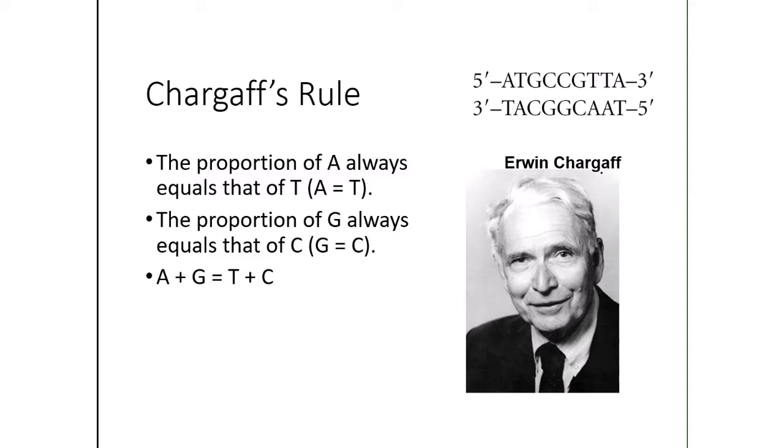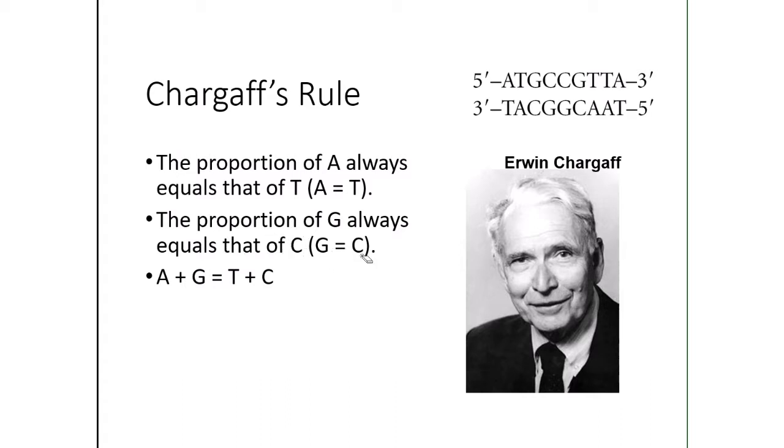So he figured out that in any given cell, the proportion of adenine always equals that of thymine. So the percentage of A always equals T, and the proportion of guanine always equals that of cytosine.